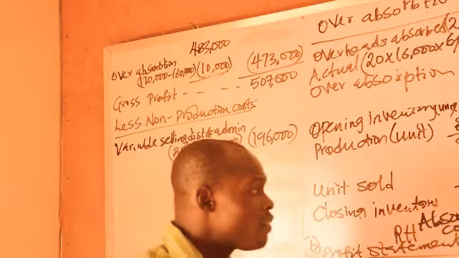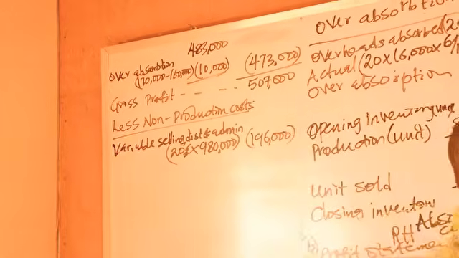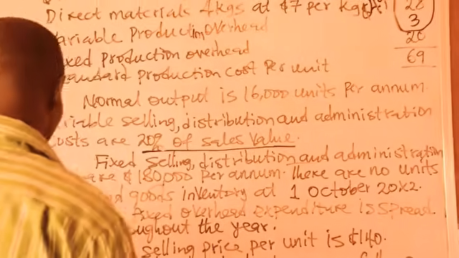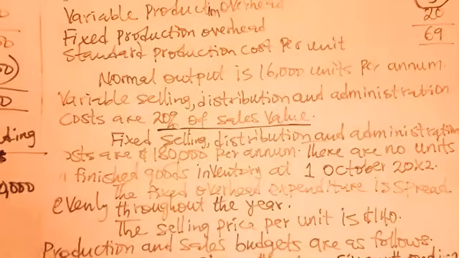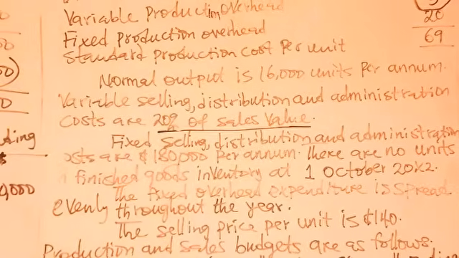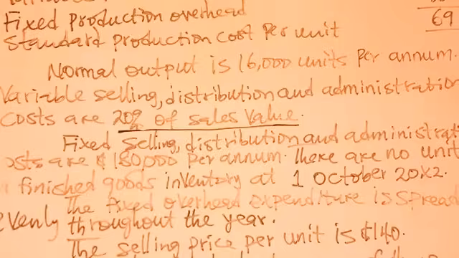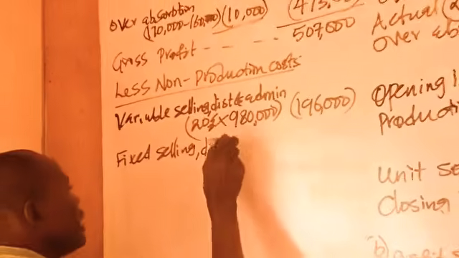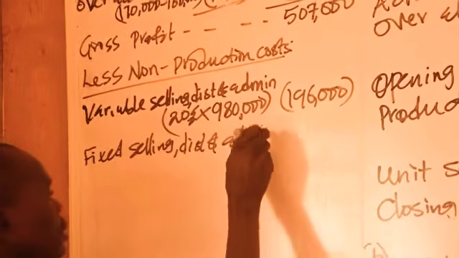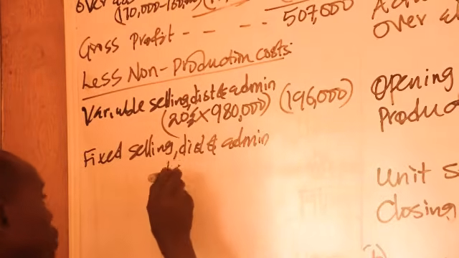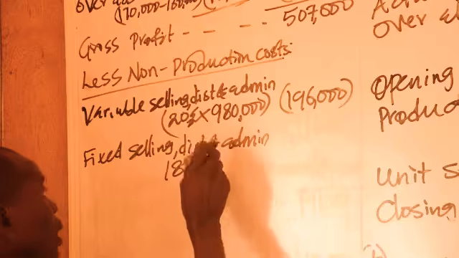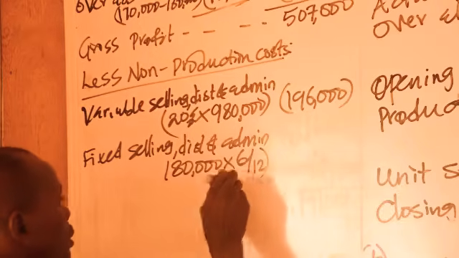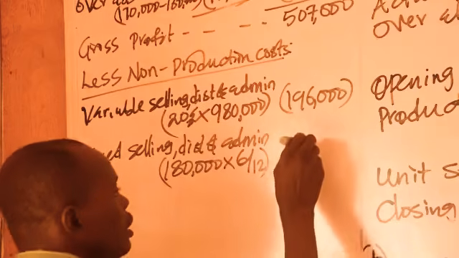You also have fixed selling, distribution, and administration, which is 180,000 per annum. Since your profit statement is for 6 months, you calculate that for 6 months, and that will give us 90,000.